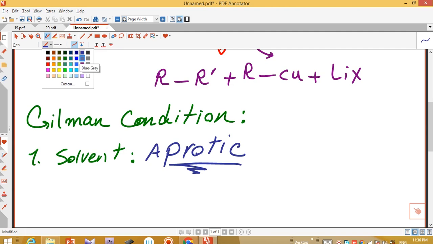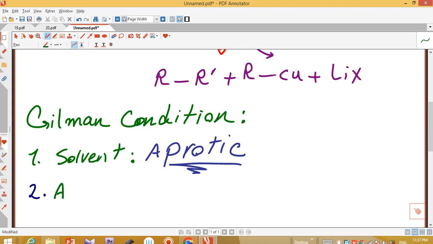So in order to avoid these problems, especially in the SN2 mechanism that I will speak about later, we definitely need aprotic solvents, where hydrogen is not connected directly to fluorine, oxygen, nitrogen, and sulfur. So basically our solvent should be polar, but aprotic.